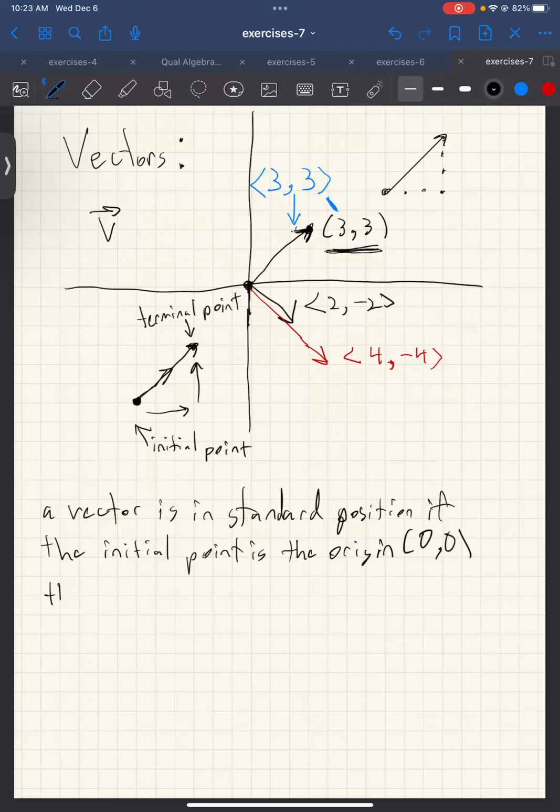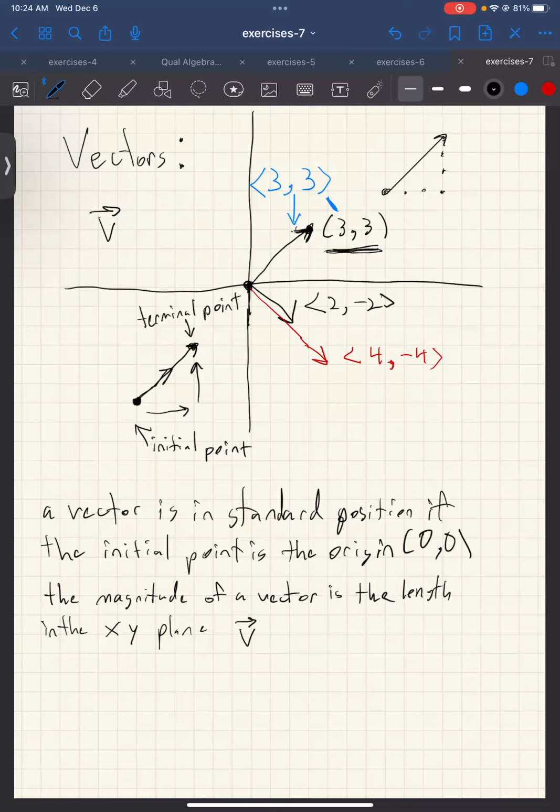So we say the magnitude of a vector is the length in the x, y plane, and we write it.